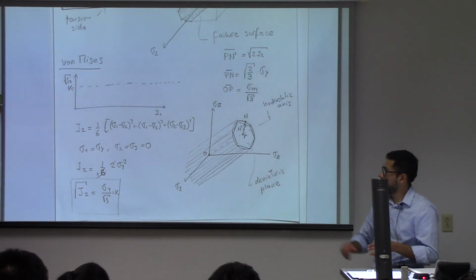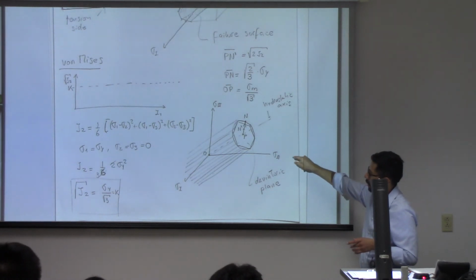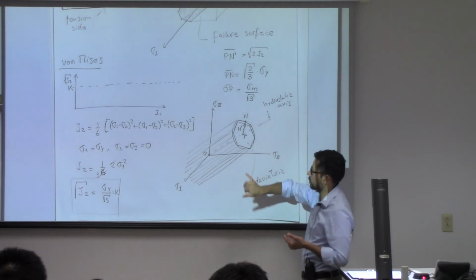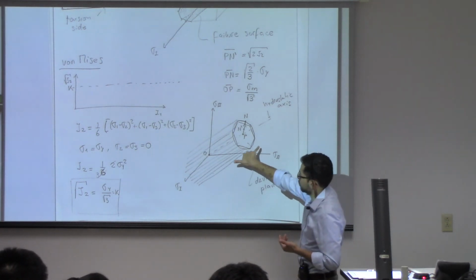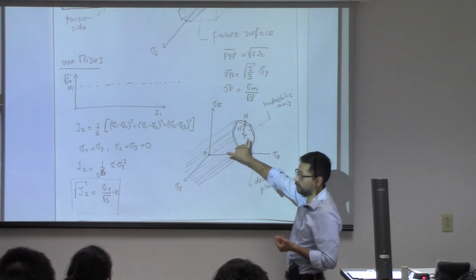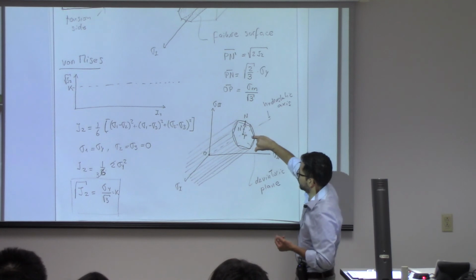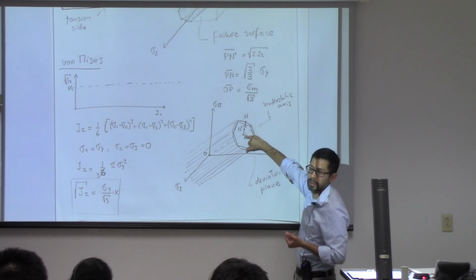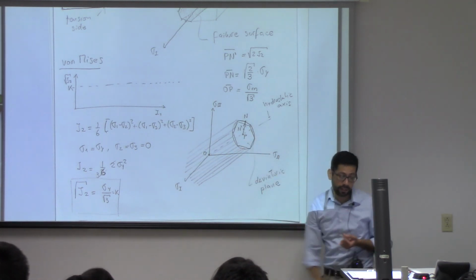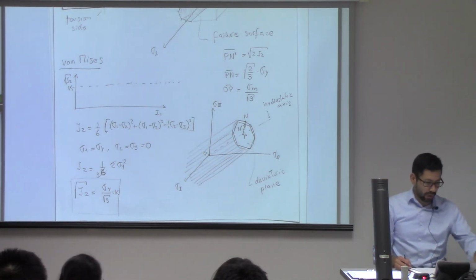So it's a plane which is perpendicular to the hydrostatic axis, and any state of stress you can also write in terms of OP as a function of the I1 invariant, and in terms of J2, the second invariant of the deviatoric stress tensor.